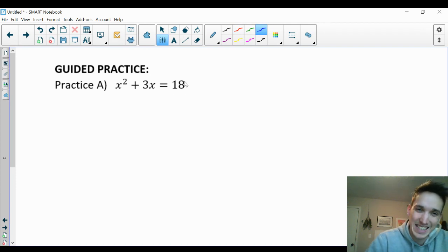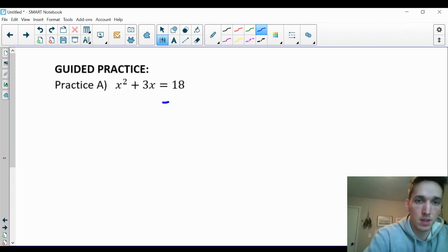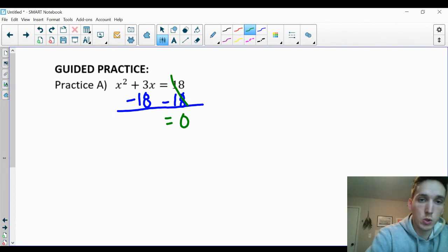So you see how I've got this 18 over here? Well, I want it to equal 0. How do I make 18 equal 0? I subtract 18. But whatever I do to one side, you guys know I've got to do to both. So 18 minus 18, and I'm going to have equals 0 over here, right? Now, x squared and 3x.